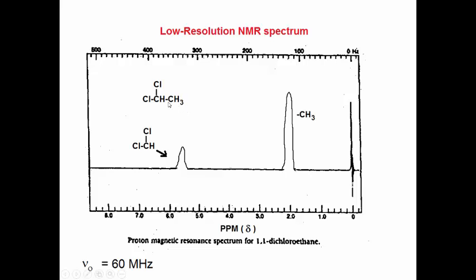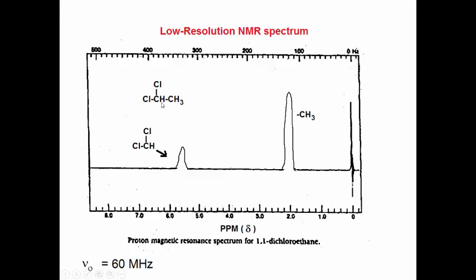Now, this single hydrogen, notice that it's on a carbon attached to two chlorines. The methyl hydrogens are further away from those chlorines. The chlorines are electron withdrawing atoms.